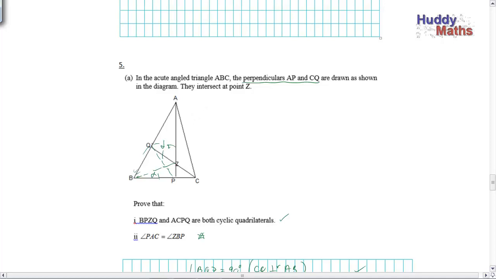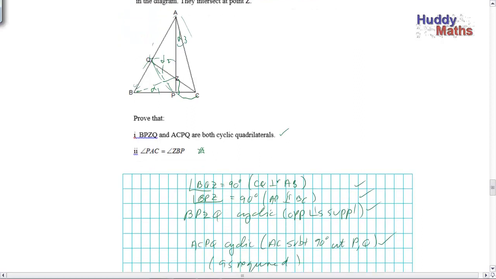And then because this was cyclic, because they're subtended by that arc, that now subtends that one and an alpha 3 up here. So we're popping from one cyclic quadrilateral to the other there. So that was hard to see, I think. All right, let's go on to part B and have a look.